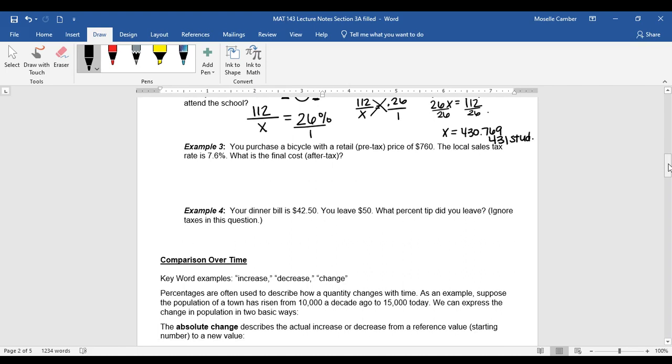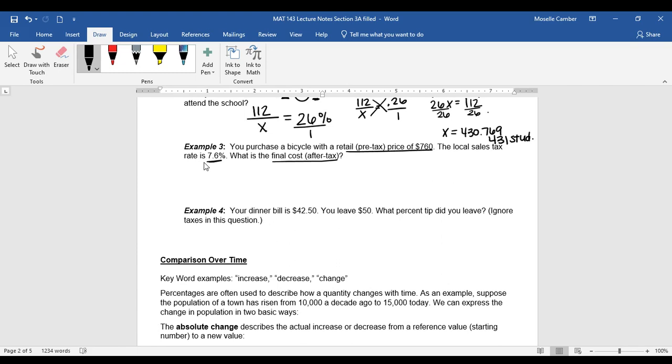Okay, so here we have to think about it a little bit because we have this percent here. And you have this retail pre-tax price of $760, and then you have the final cost after tax. So here we don't specifically have this is and of relationship.